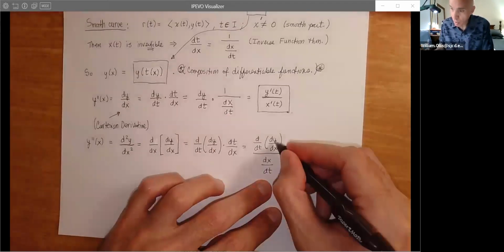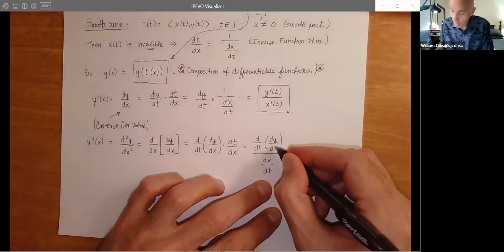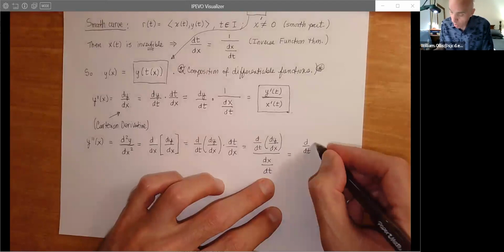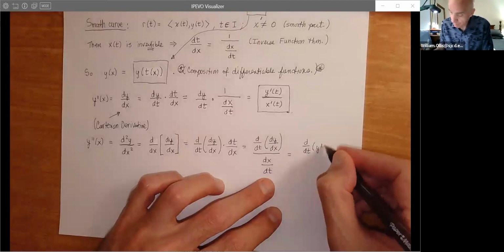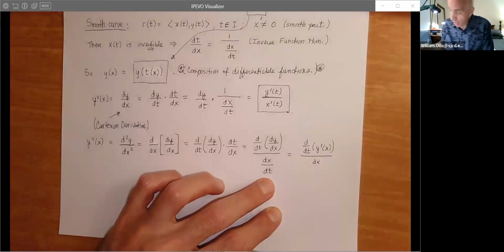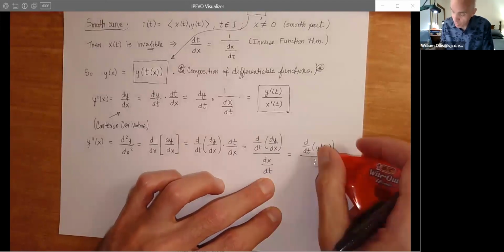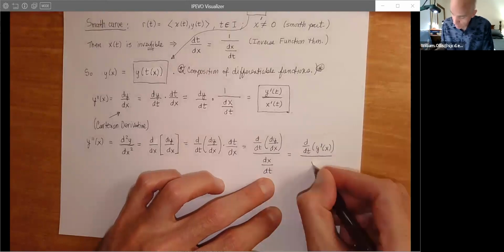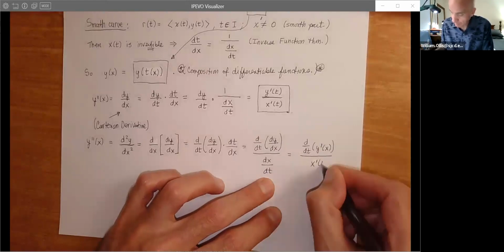So this is just what we call y prime of x. So d dt of y prime of x divided by dx dt. And if you like, let's just go ahead and use the prime notation here like we did upstairs, just to make it a little bit more convenient.